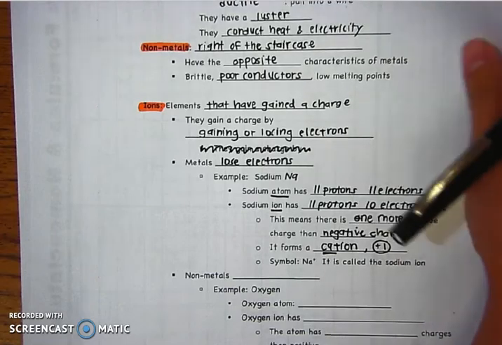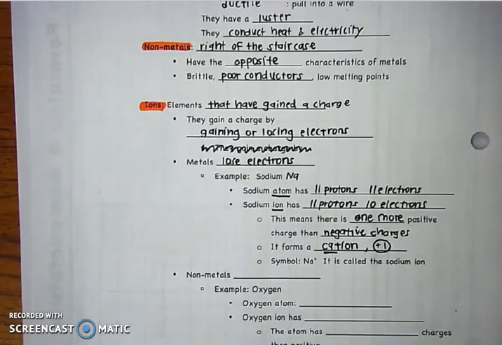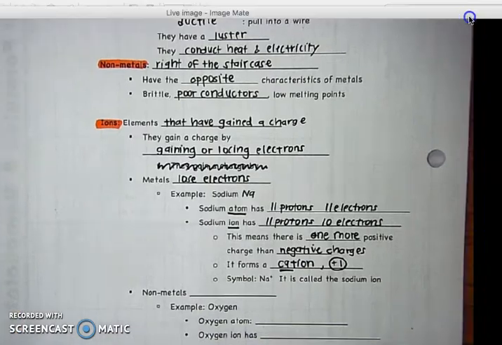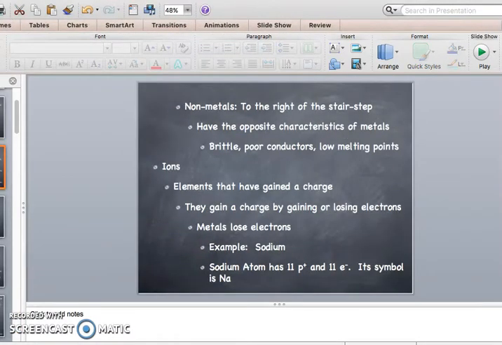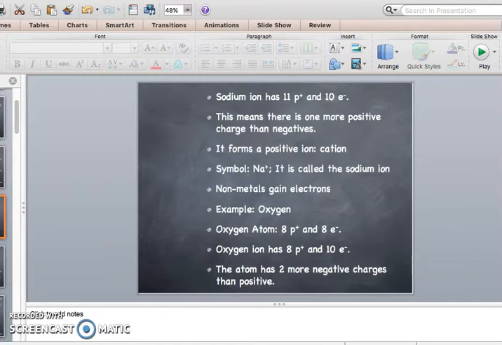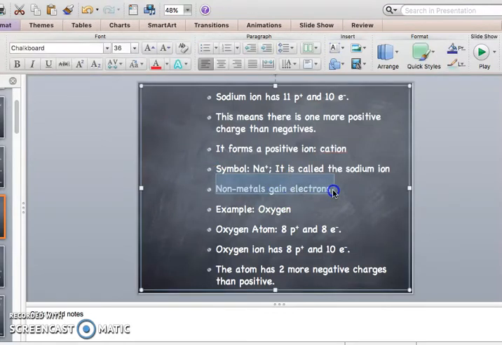Now, nonmetals, we're going to go back to our PowerPoint here. So our nonmetals, if you are following along in your notes, we're looking at this part right here that matches up. Nonmetals actually end up gaining electrons. An example of this would be oxygen.